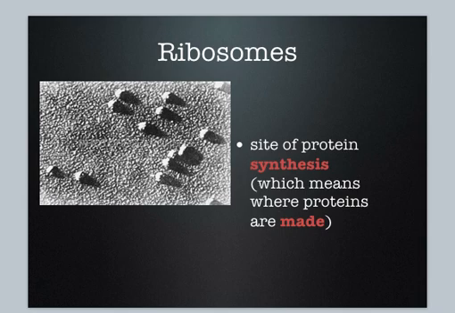Ribosomes is number 2. It is the site of protein synthesis. You're filling in what's in red. Well, what does the word synthesis mean? Here it is right here. So synthesis means to make something. So protein synthesis means where proteins are made.